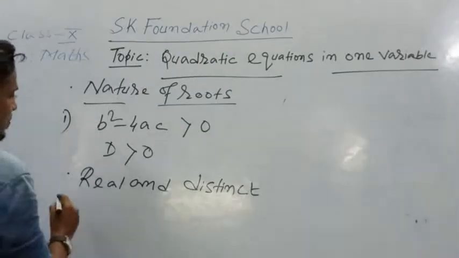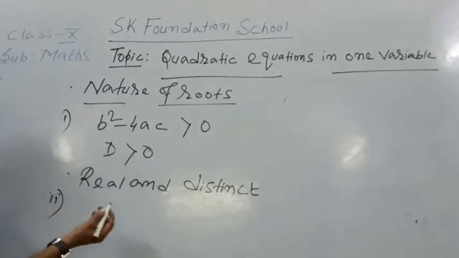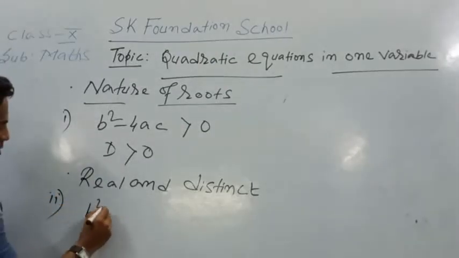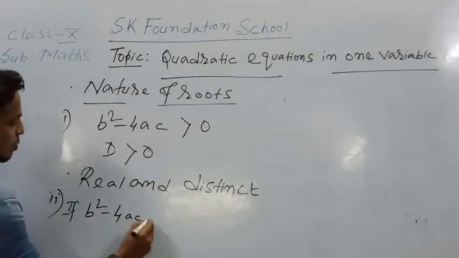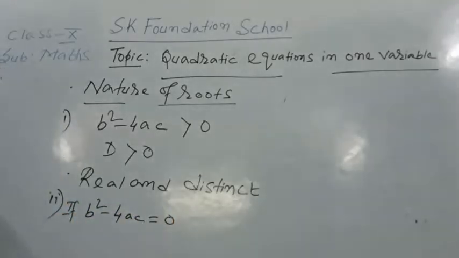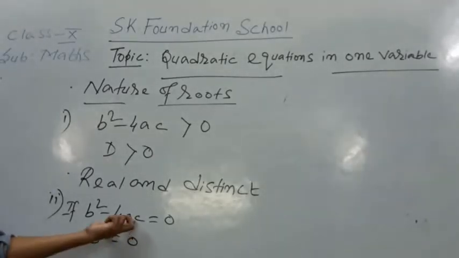Condition number 2: if b square minus 4ac equals 0, that means D equals 0. So this is the meaning of b square minus 4ac.